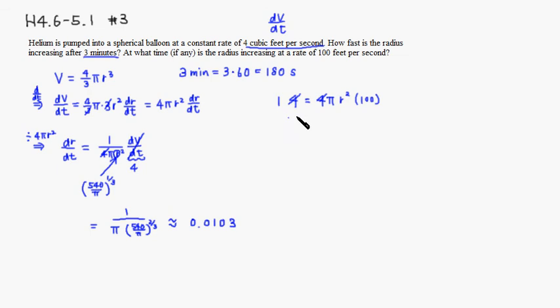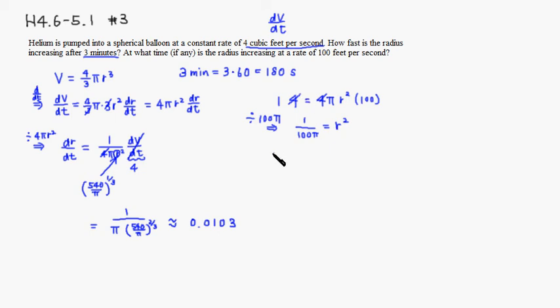We can solve for r squared by dividing through by 100 pi, you get 1 over 100 pi is equal to r squared.